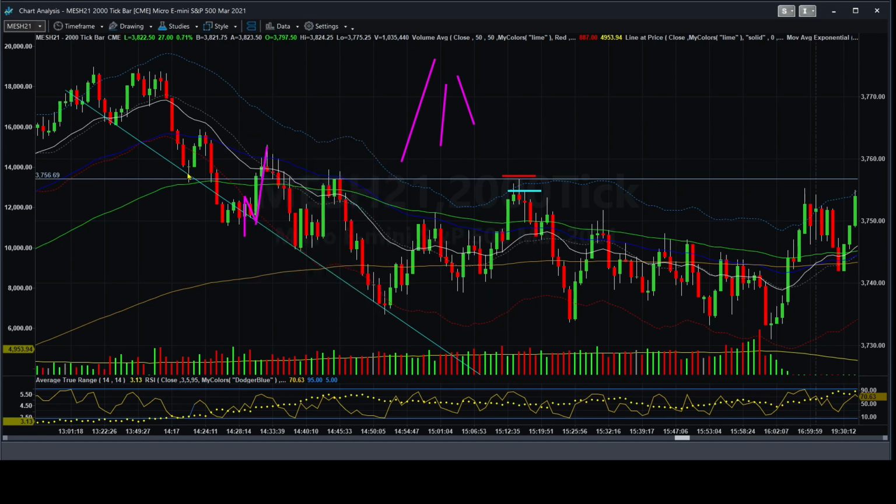Well, let me delete this channel for a moment. But the other way that you can take these trades is if price hits and shows rejection from an important support or resistance level. In this case, there's a moving average here.